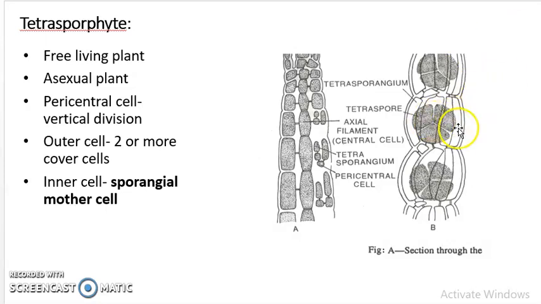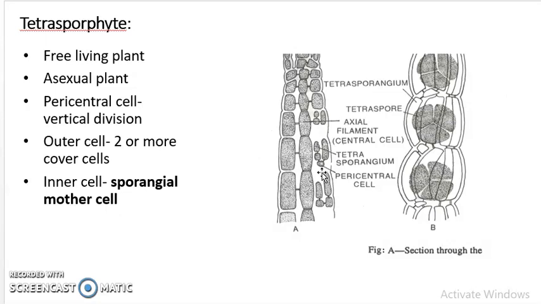This is a three-dimensional structure of tetraspores. Tetrasporangia are produced from the pericentral cells. You should remember that the central segment doesn't divide to form any reproductive structure or spores. Only the pericentral cells divide and redivide to form spores and female or male gametes.